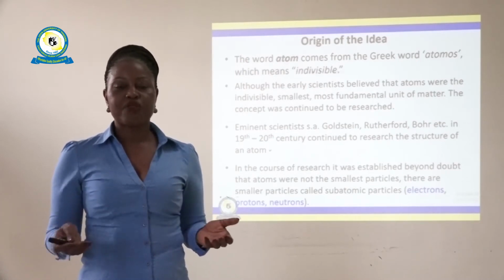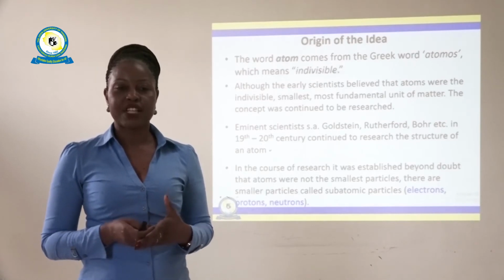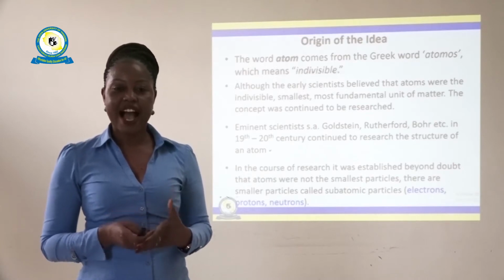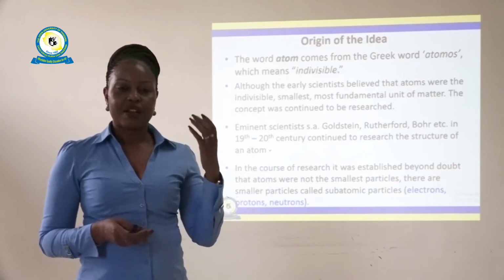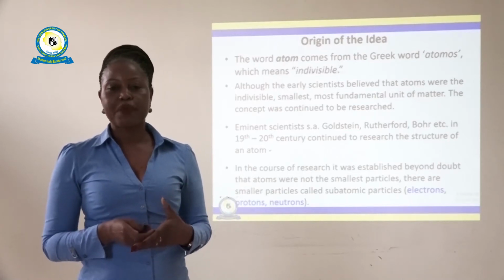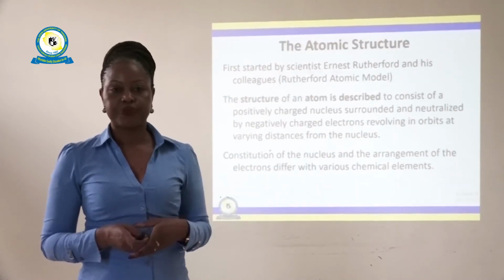So in the course of this research, it was established beyond doubt that atoms were not the smallest particles. There are other smaller particles that are called subatomic particles, which are electrons, protons, and neutrons.